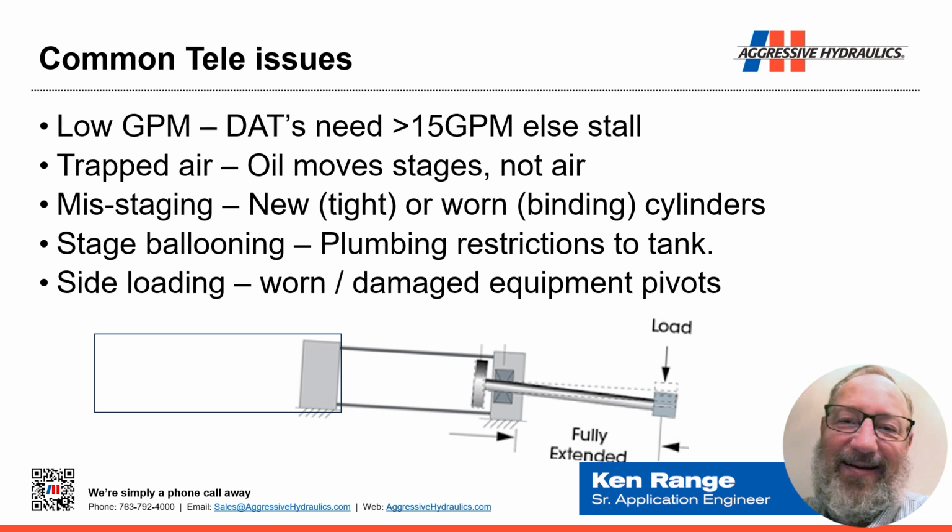At the bottom, you'll notice that there's a two-stage telescopic represented by these graphics. If that cylinder is fully extended and you apply a load to the end of the rod, you take that load times the length of the stages, and that results in a force at this piston inside the case.